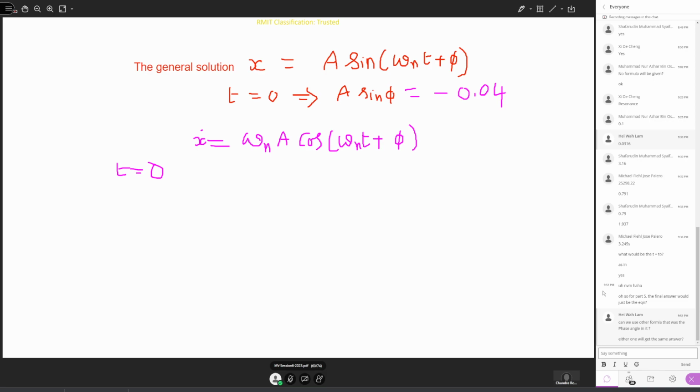When time t is equal to 0, x dot is given as -5 meters per second. So we can write omega n A, and cos 0 is 1, so into cos phi.